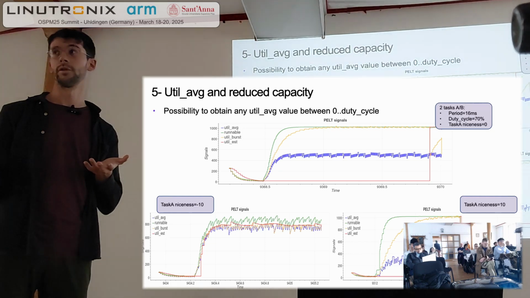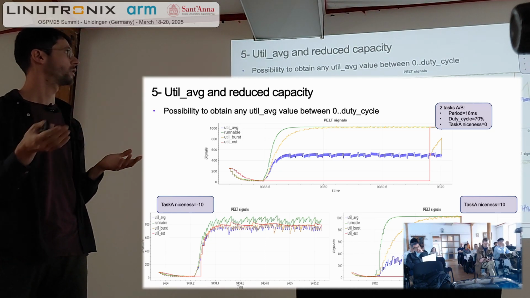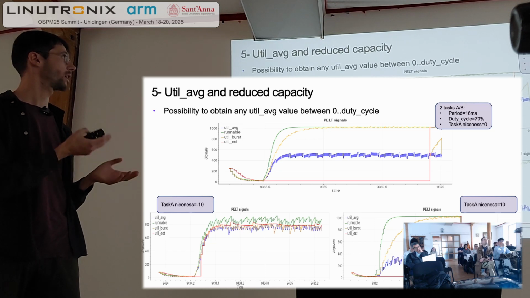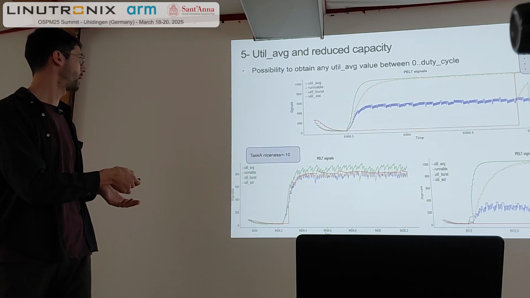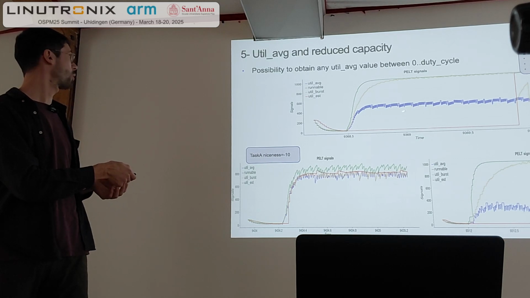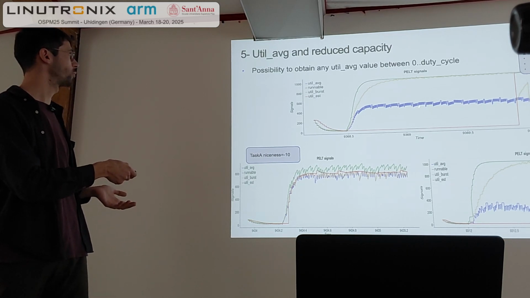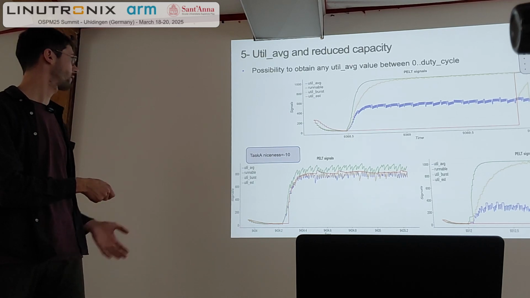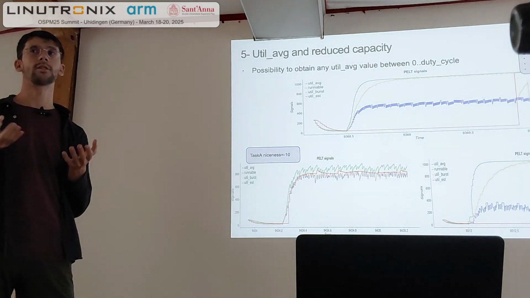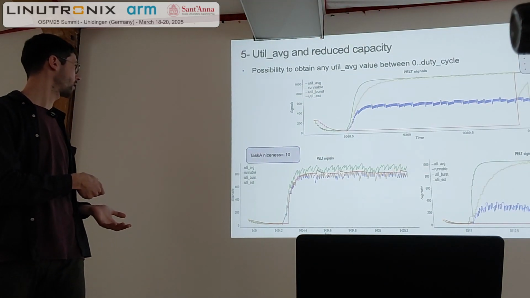So just to show this example exactly. Here we have two tasks, A and B, with a period of 16 milliseconds, a duty cycle of 70, and the same niceness. Here we are following the util average in blue. The util average cannot go higher than around 500, so it's not super accurate. Here, task A has a niceness of -10, which means that it has a higher weight, so the util average can go higher.